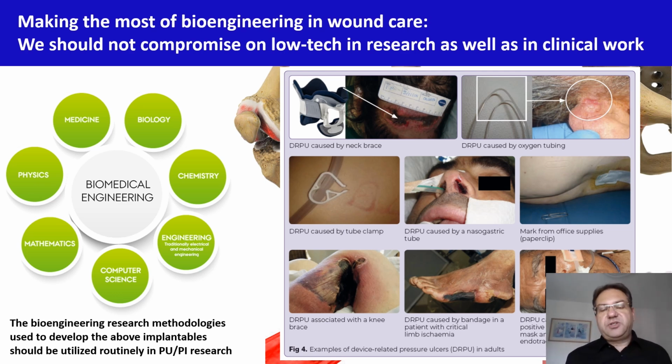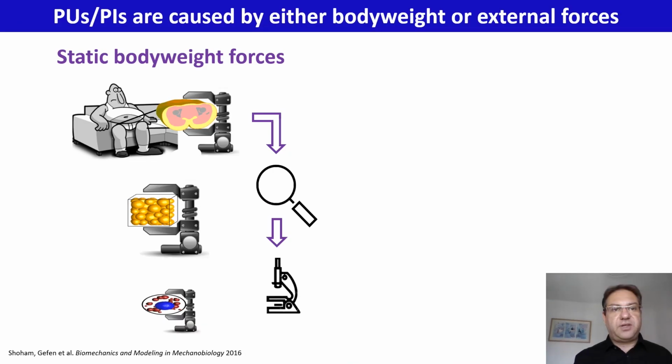So stopping pressure injuries or pressure ulcers is the ultimate goal, but in order to reach that goal, as I've said, we need to understand the etiology. And the etiology of pressure ulcers or injuries is fundamentally a biomechanical one. They're caused by either body weight forces or external forces.